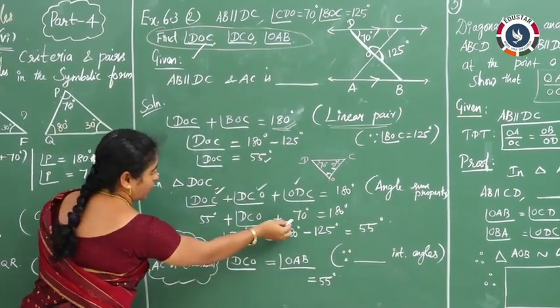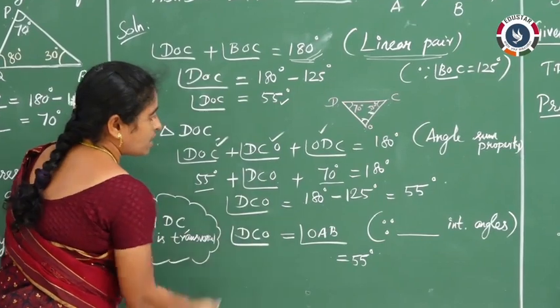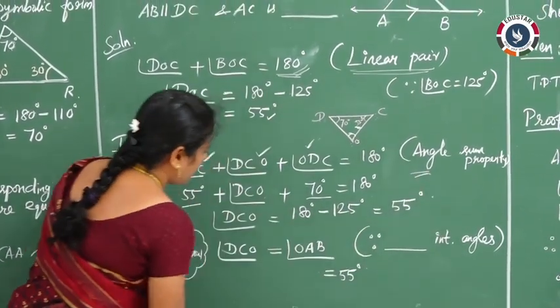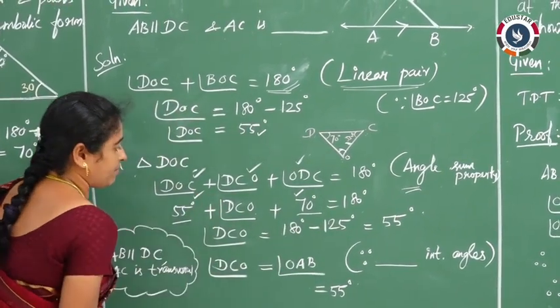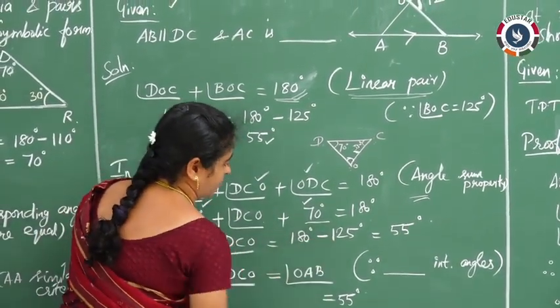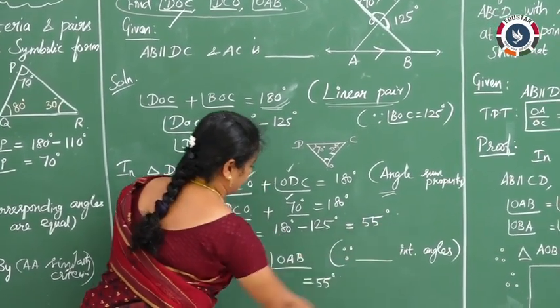You know ODC and DOC. How do we find out DCO? By using the angle sum property again. So DCO is equal to 180 minus the sum of 70 plus 55. It is 125. So 180 minus 125 is equal to 55 degrees.